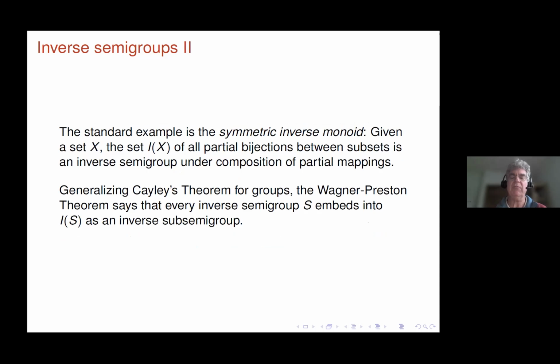A standard example of an inverse semigroup is the symmetric inverse monoid. If you're given any set, then you consider the set consisting of all the partial bijections between subsets of that set. And under composition of partial mappings, this is an inverse semigroup. It's the exemplar for a variety of reasons, not the least of which is that there is a generalization of Cayley's theorem, which is usually called the Wagner-Preston theorem, or sometimes the other way around, Preston-Wagner.